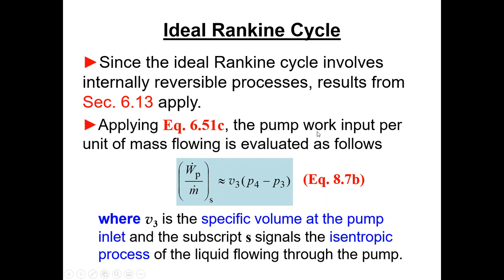Because remember, pump work per unit mass is also what? h4 minus h3. So then if you take that and you add h3 to it, you get h4. So that's a way to evaluate that enthalpy. Okay, we'll see more of that as we start working problems.